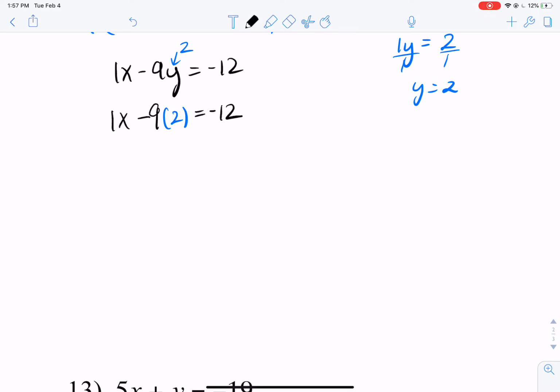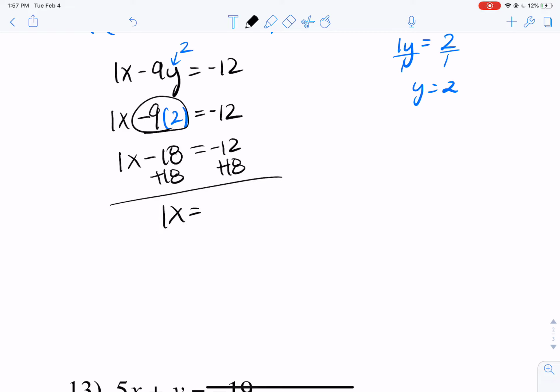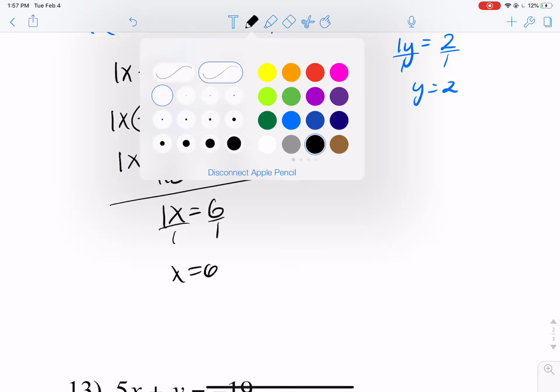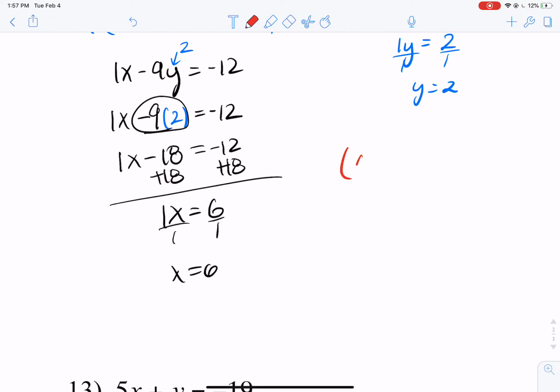We're going to multiply these two numbers first. So 1x minus 18 is equal to negative 12. We're going to add the 18 to both sides, and 1x is equal to positive 6. And dividing again by 1, x is equal to 6. So the coordinate 6, positive 2, not negative 2, positive 2 is the solution. So there you go.